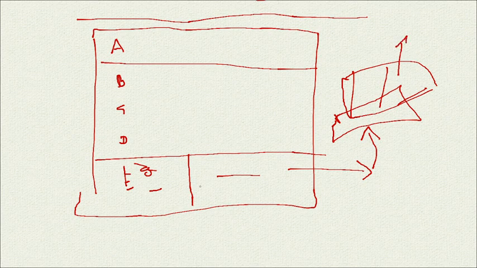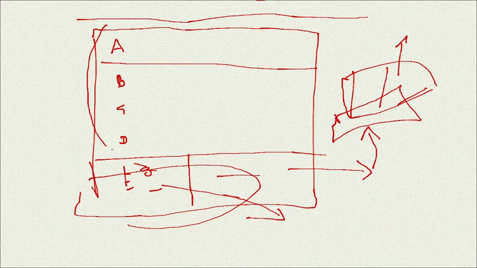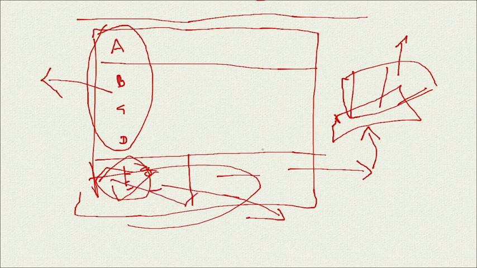So it's reserved and not usable. Only these four, A, B, C and D, are usable now. The E part is not usable, so don't be confused by it.